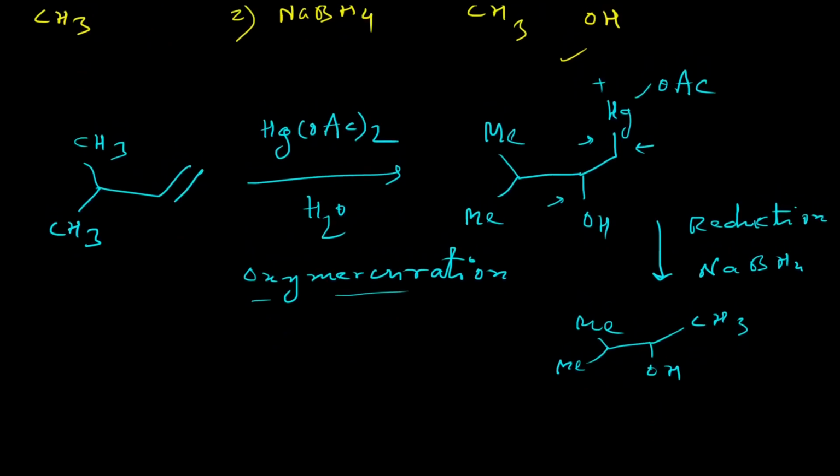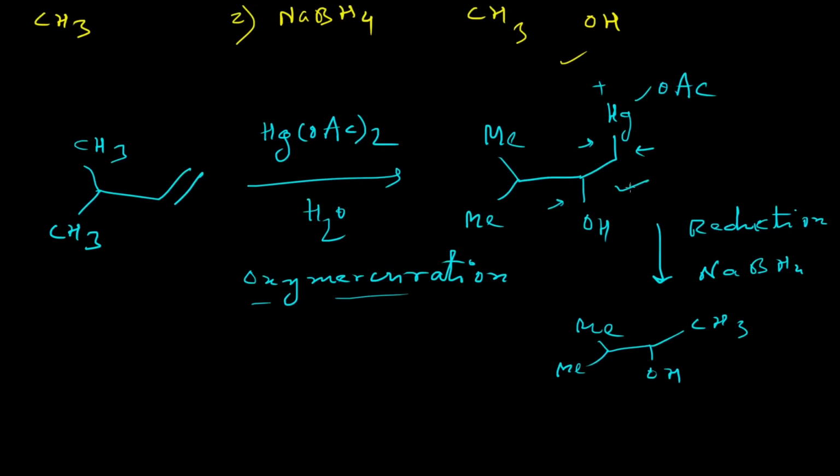The first step is oxymercuration and formation of this organometallic species, and then the reduction to afford the actual product. Now we will go into the detailed mechanism, and also the stereochemical course during the reaction.